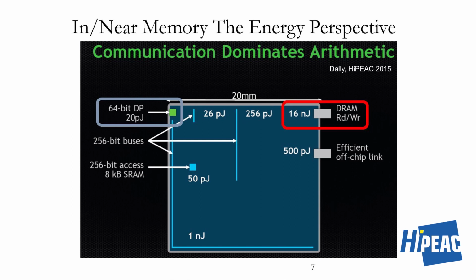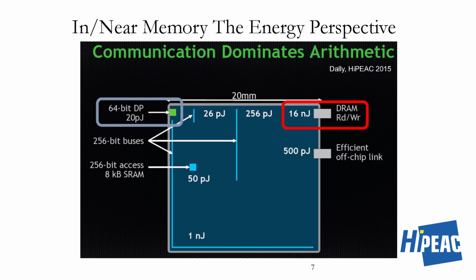First thing on the left is just a 64-bit ALU, about 20 picojoules, that's 10 to the power minus 12, okay. Then what they showed was an SRAM, just accessing one small SRAM bank, SRAM array is 50 picojoule. But then if you look at the interconnection network, to go from that end of the chip to this end of the chip, that's a worst case. So, this blue line here is 1 nanojoule, okay.